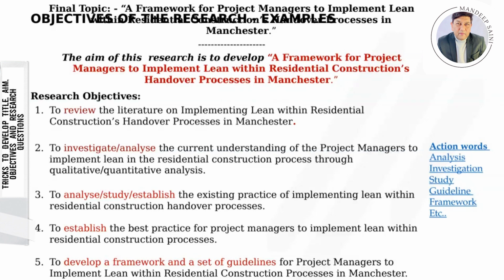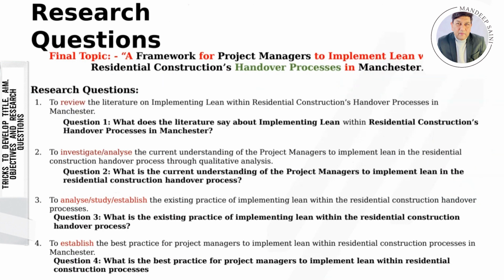Now, once you have these objectives, how do you come up with your research question? You just need to convert your research objectives into the form of a question. So for the research objective, you are writing to review the literature on implementing lean.